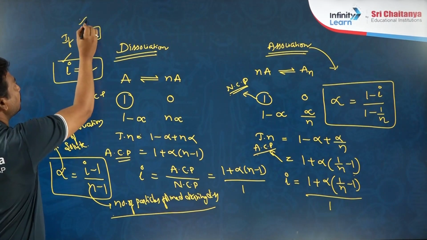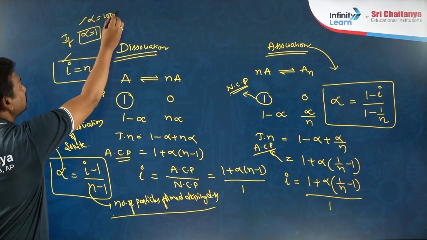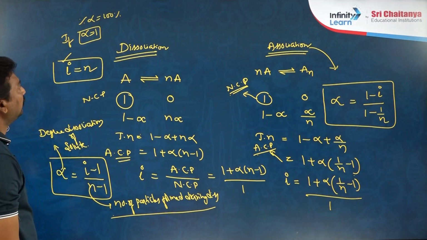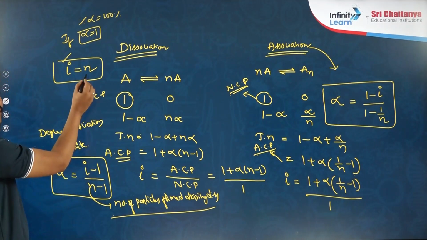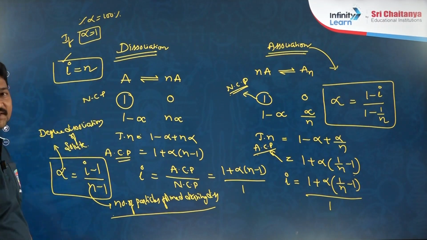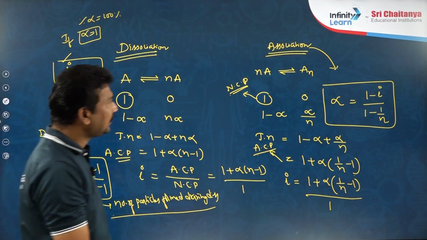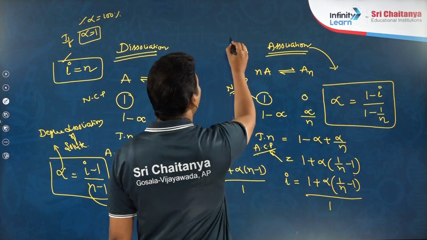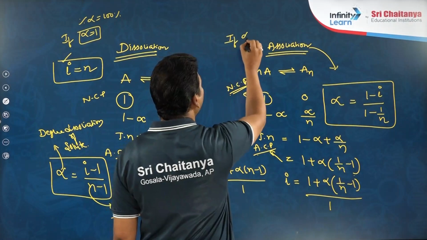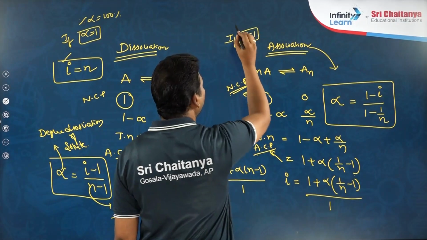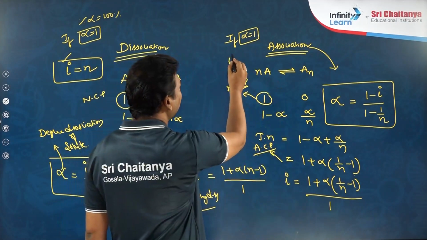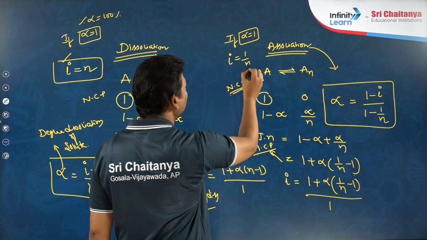If the percentage of alpha is 100%, or alpha is 1, or alpha is not mentioned, then the i value can be taken directly as the number of particles formed after the dissociation. Similarly, for association, if alpha is not mentioned, or alpha is equal to 1, the i value can be taken as 1 by n.